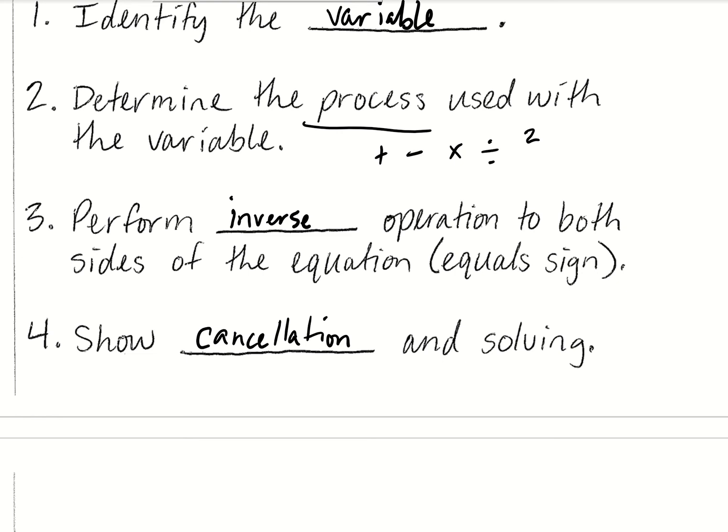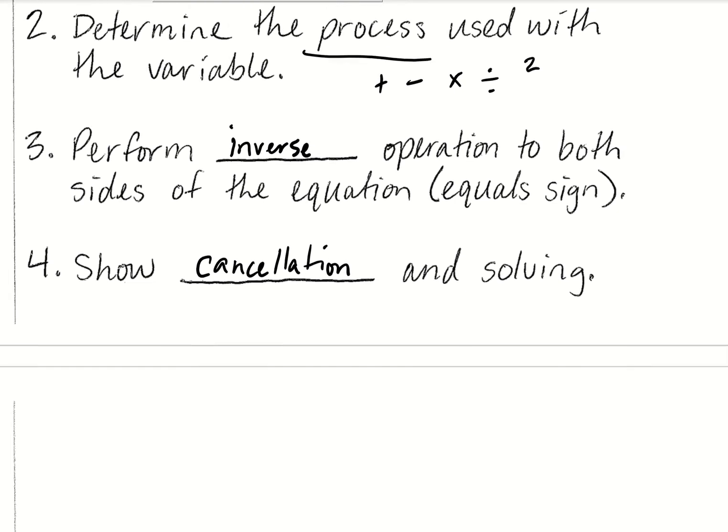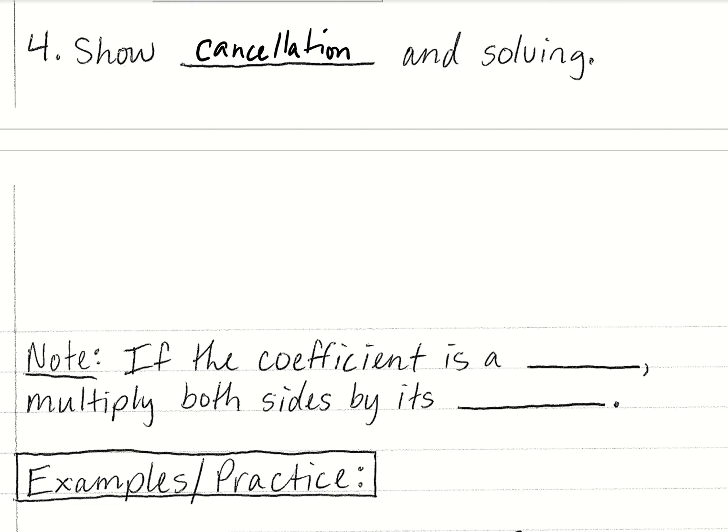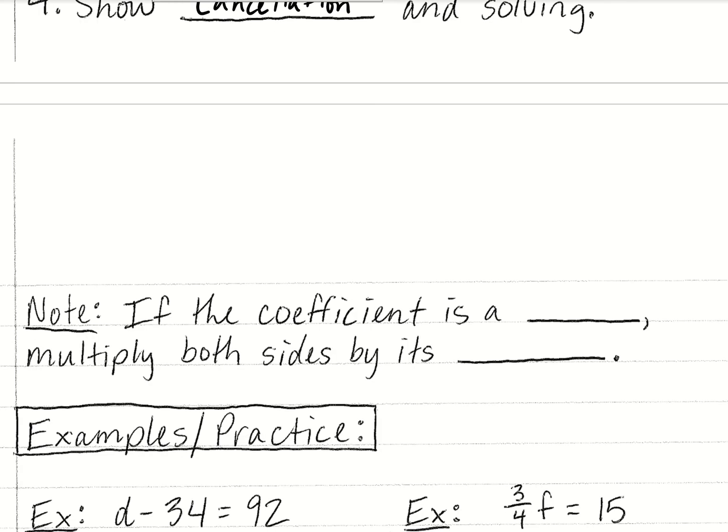And obviously I've made it pretty clear that showing your work is really important for this class. Okay, so just a quick note on this. If the coefficient is a fraction, okay, you are going to multiply both sides by its reciprocal, okay?